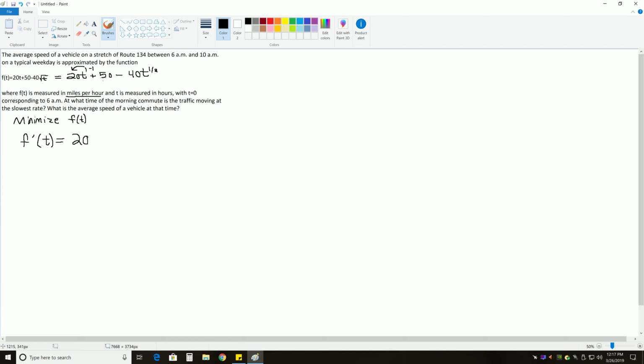The derivative of 50 is just 0. And then the derivative of minus 40t to the 1/2, again, we'll multiply the exponent out front and subtract 1 from it. That gives us negative 40 times 1/2 is negative 20 times t to the negative 1/2.